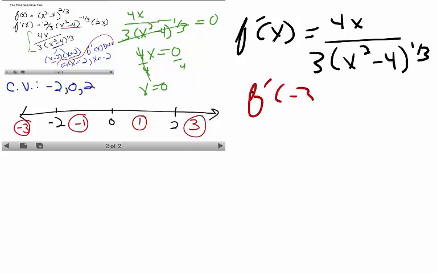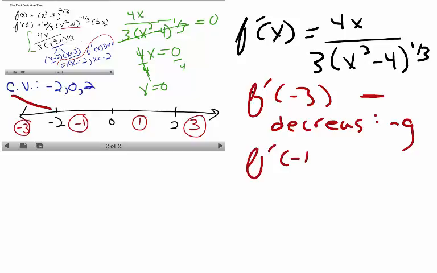f prime of negative 3. We'll plug in negative 3 for all x in f prime of x, and this will give us a negative result. So we know that the graph is decreasing at f prime of negative 3. Using the test point, f prime of negative 1 yields a positive result.